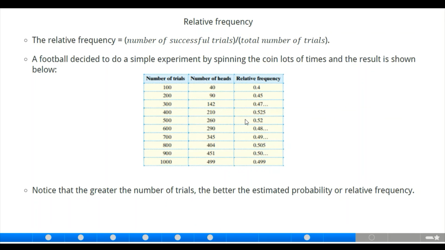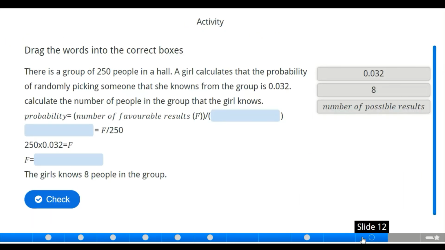So from this table, what do we notice? We notice that the greater the number of trials, that is, the more the coin has been tossed, the better the estimated probability, or what we call relative frequency. And that gives us an illustration of how to calculate relative frequency.